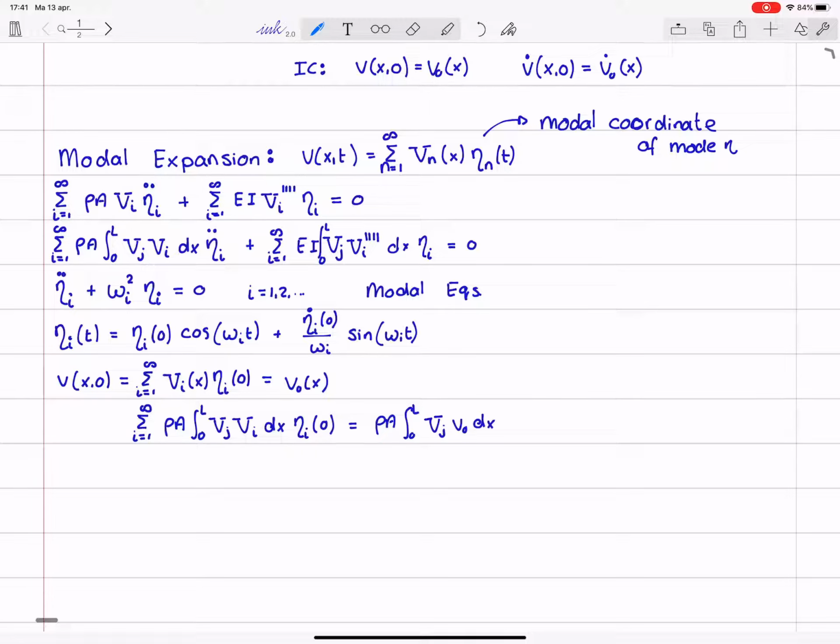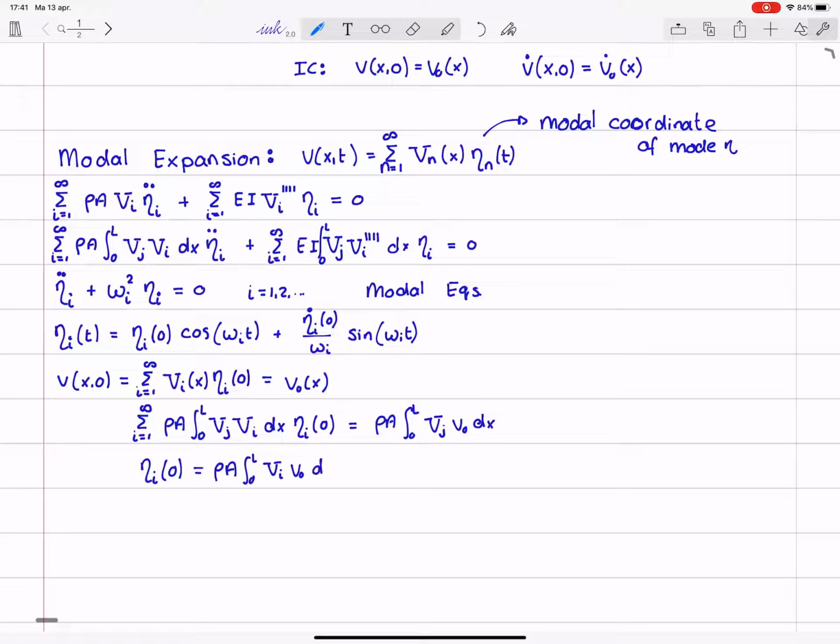Again, this integral only has a non-zero contribution for i equal to j, for which we have normalized it such that it is equal to 1. So eta i at 0 equals rho A times the integral of Vi times V0 dx.